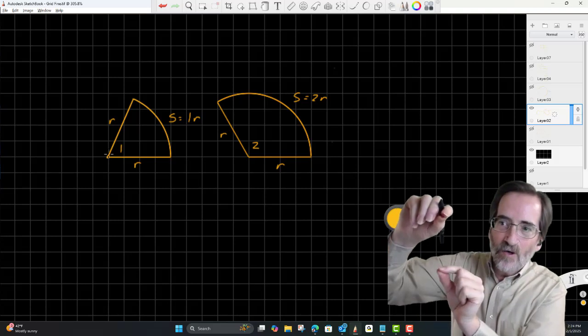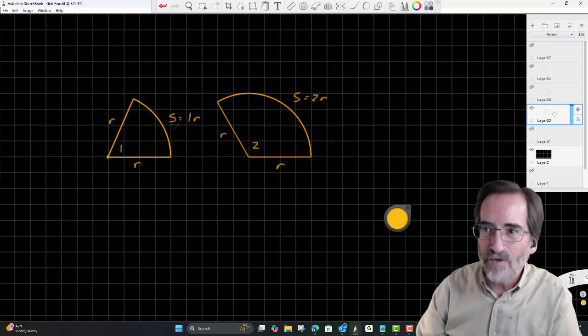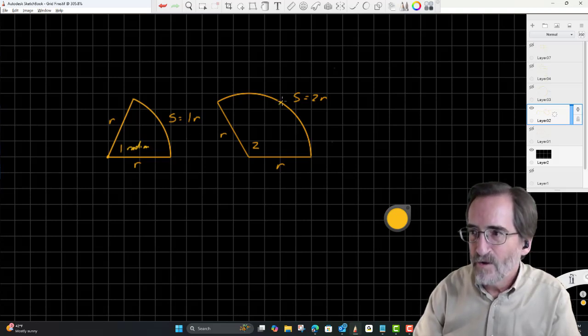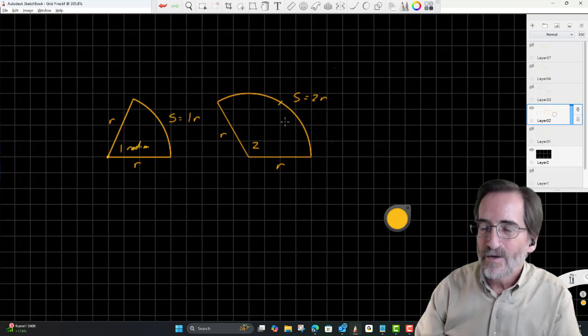Now you bring it over and curve it around the circle. That is 1 radian. If I take 2 radii and stretch them around, that's 2 radians. I want to see if we can come up with a formula here.